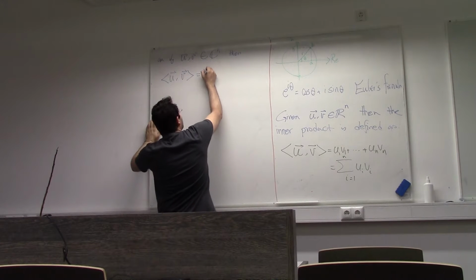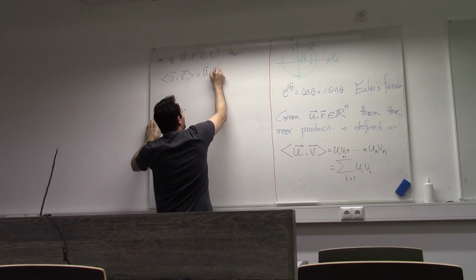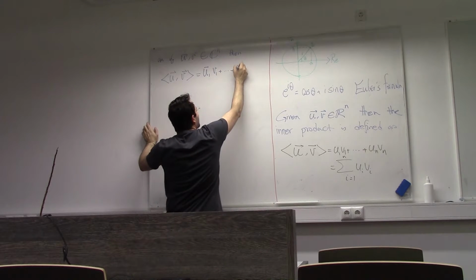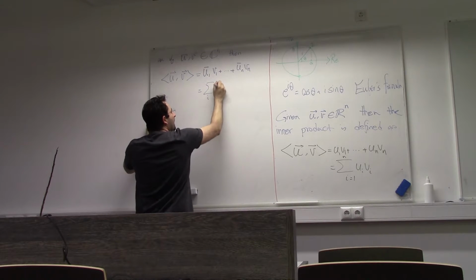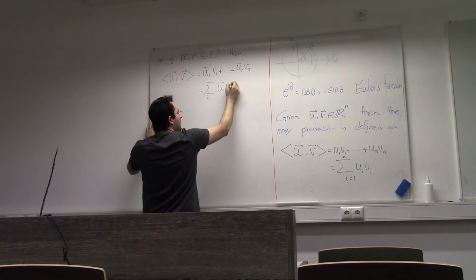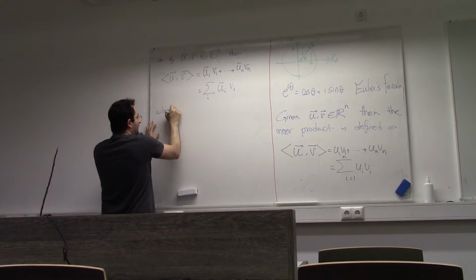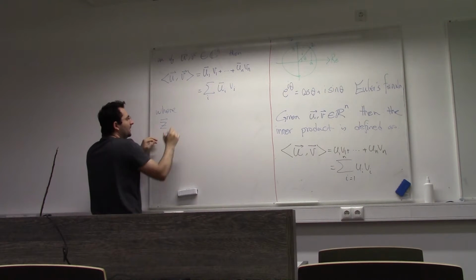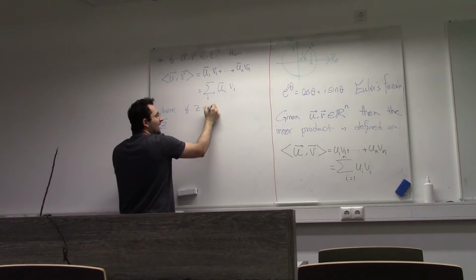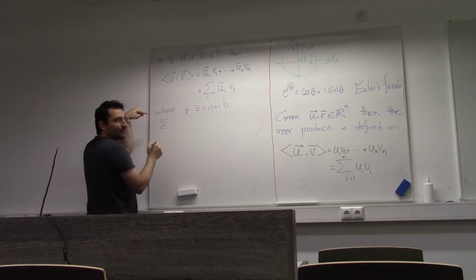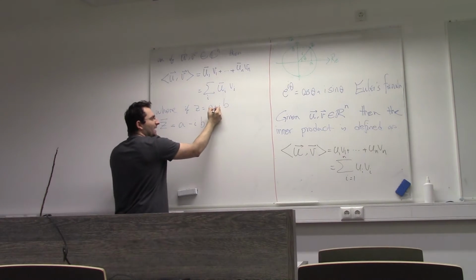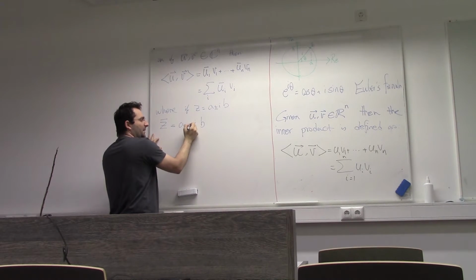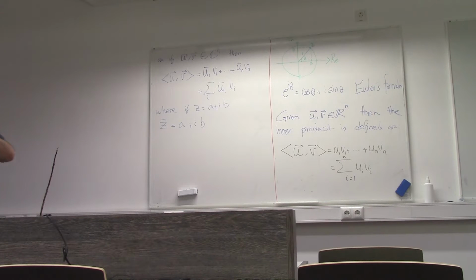So it's the conjugate of the first one multiplied by the second one, where if z is a plus ib, z with the bar, called z conjugate, is a minus ib, and if it is a minus ib, it will be a plus ib. In other words, we just change the sign of the imaginary term.